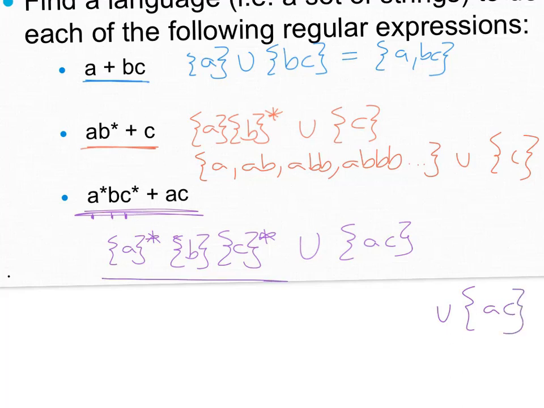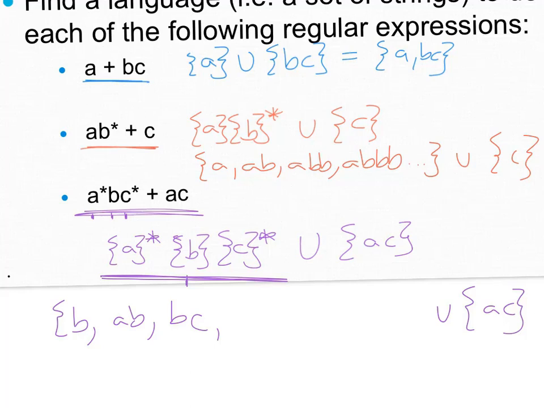But to represent this piece, look at it and say, are there any strings of length 0 in this concatenation? The answer is no, because we always have a B. So I'll start with just a B. And then I'm going to list all the strings that are of length 2. So I guess there's an A followed by a B, where we take 0 C's, or 0 A's, but we have a BC. And then let's talk about all the strings that are of length 3.